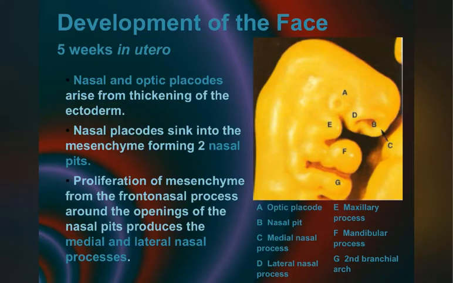This is a human embryo during week 5. Here we can identify the stomodium. Again, it's surrounded by frontonasal process, maxillary process, and mandibular process.